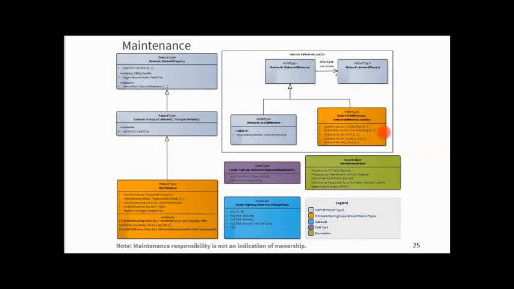In order to show how this fits together, I'll start with the first feature that we provide. The first one is maintenance, and maintenance provides information as to whether the maintenance of a highway or section of highway is a public expense or not.